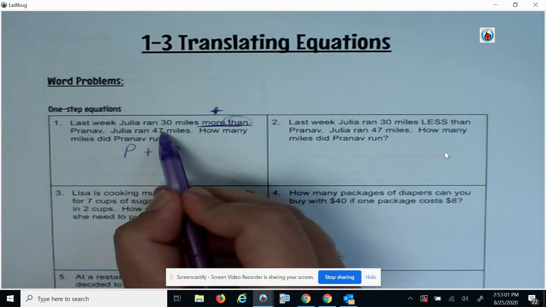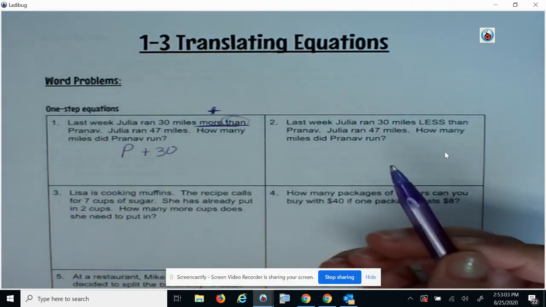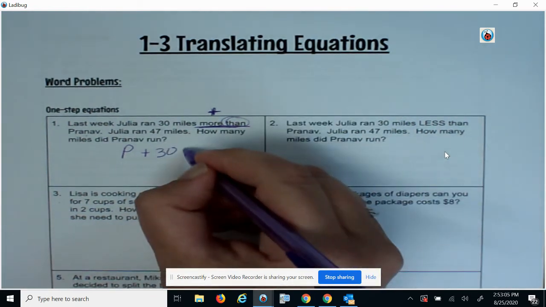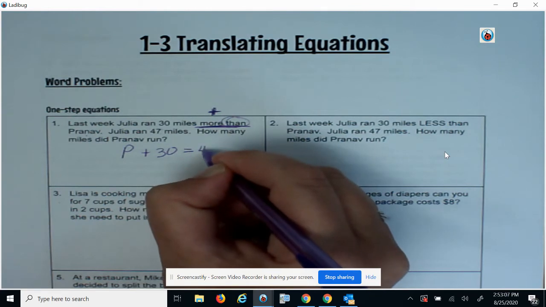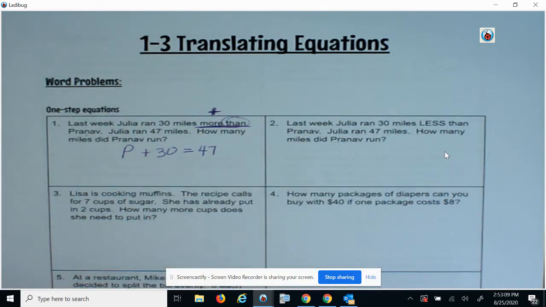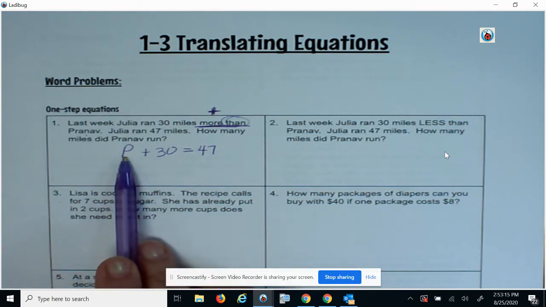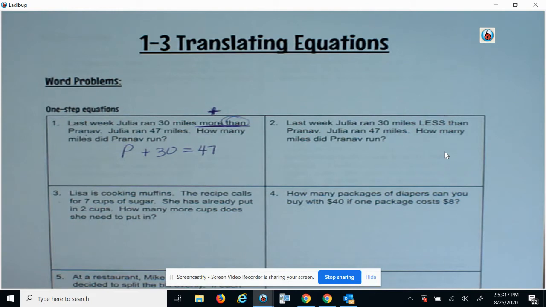Julia ran 47 miles. So that was her total miles she ran, and a total is going to follow an equal sign. So there's our equation for Julia and Branov. And we want to figure out how many miles Branov ran, so you can solve the equation to figure that out. That will be the answer to one of your homework problems.